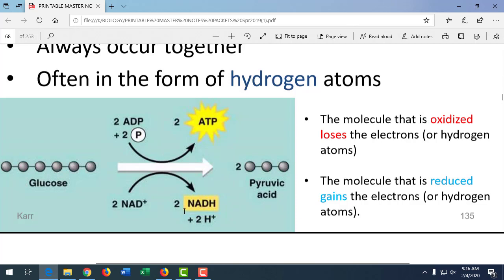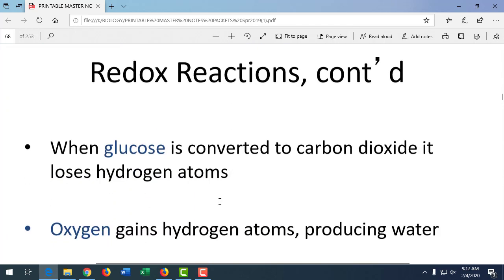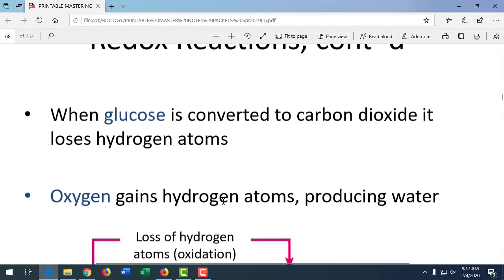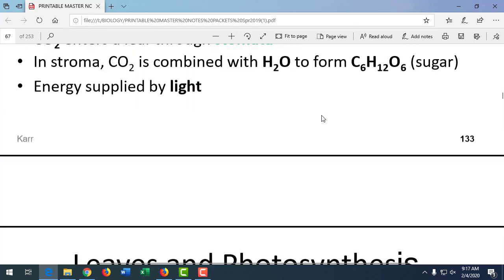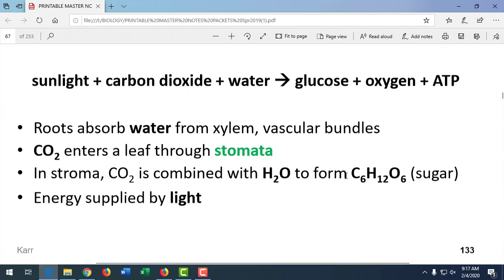But the biggest concept with this is just knowing that we have to pick up energy in the form of electrons early in the process when we're undergoing photosynthesis. So when glucose is going to be converted to carbon dioxide, what's the formula for glucose? If I remove a bunch of hydrogens from glucose, what am I left with?